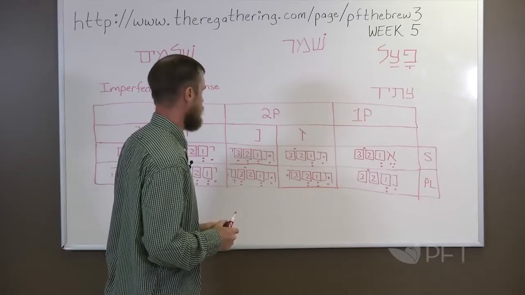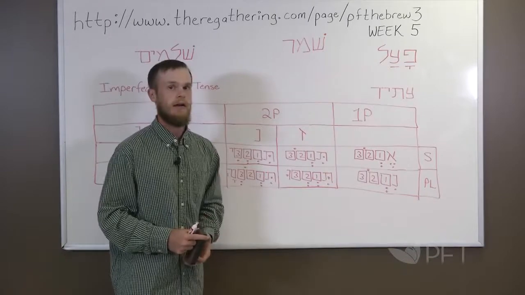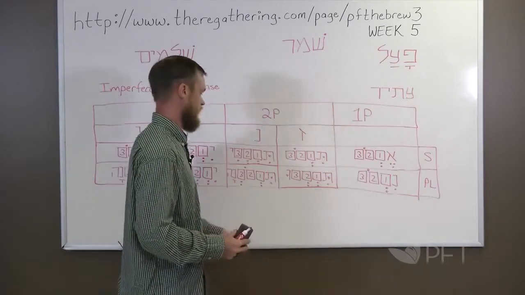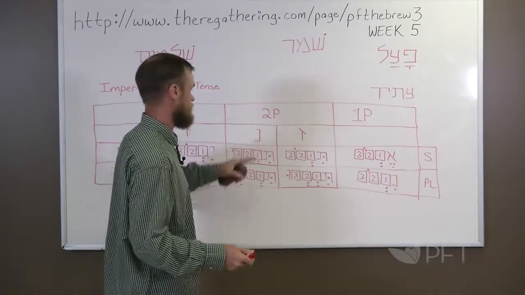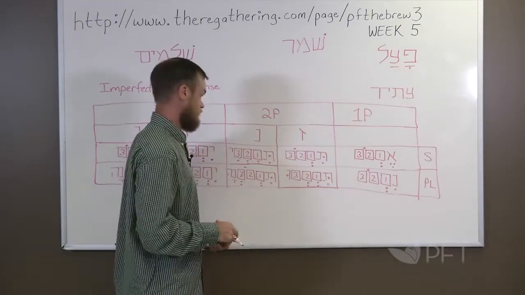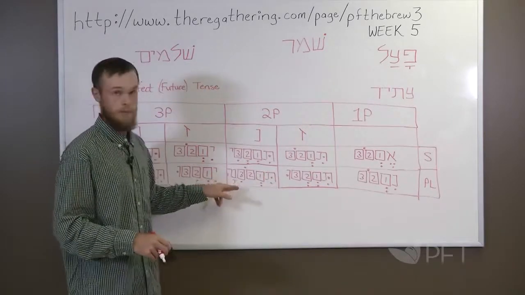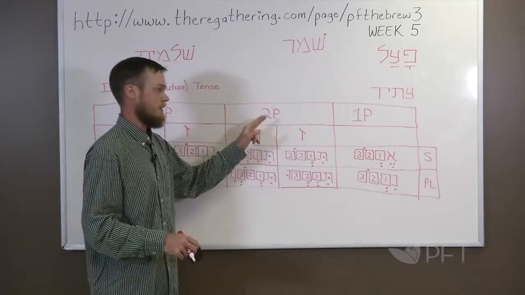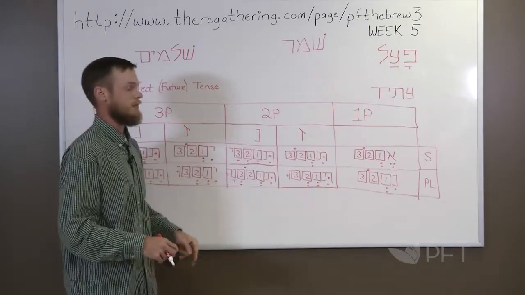Another difference worth noting here is this chart gives the biblical Hebrew conjugation for the future tense. Modern Hebrew has in fact revised this, and the revision has taken place in the second person feminine plural. In modern Hebrew, there is not this tishmor na form. Instead, they just use the second person masculine plural for both masculine and feminine.